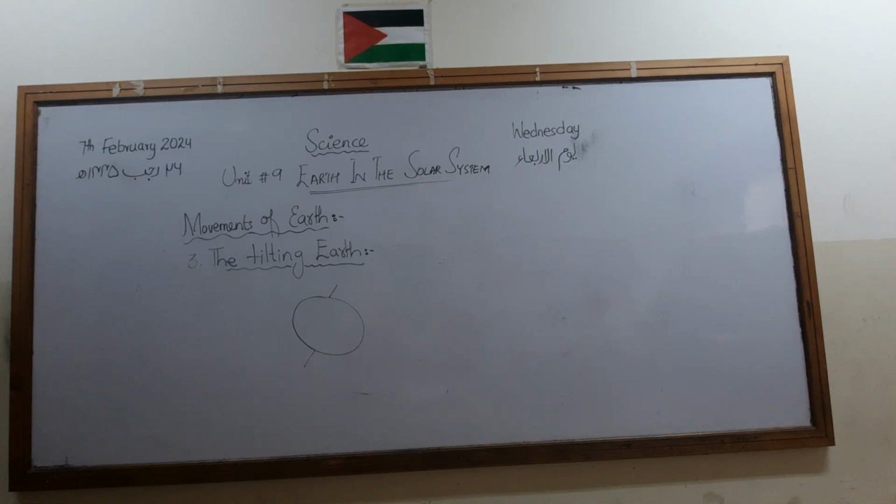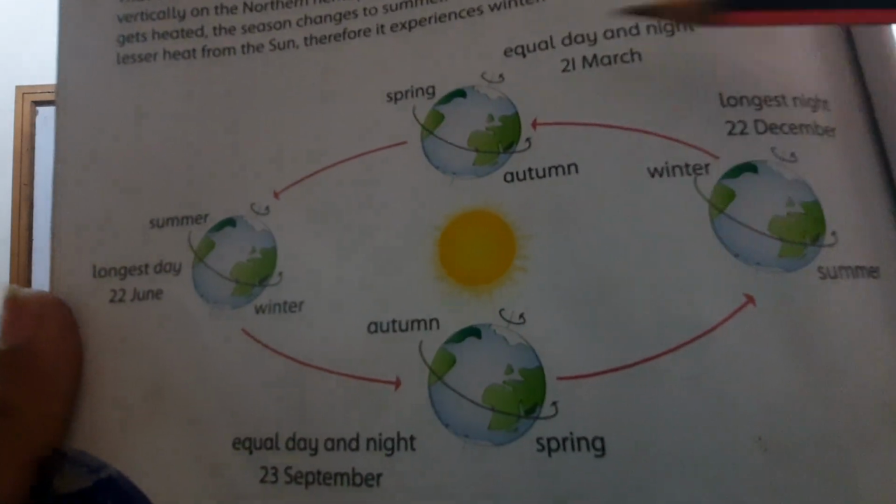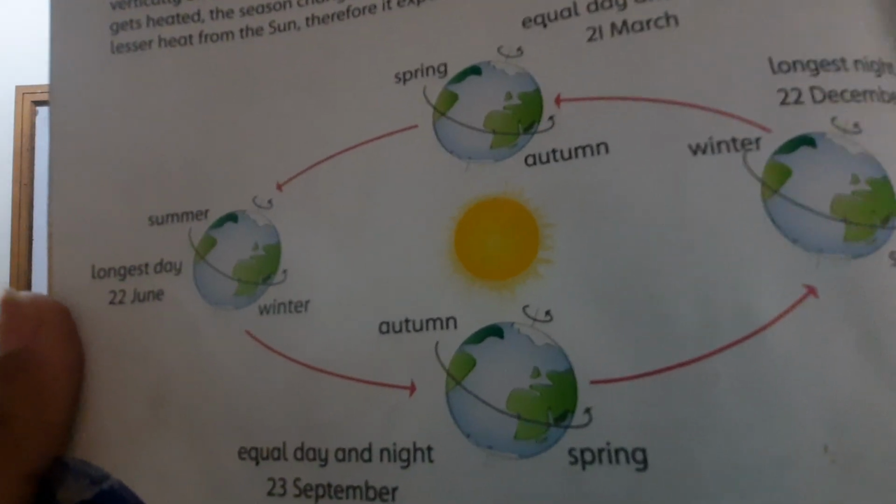And how these seasons are happening, we can see in the diagram. If we see in this diagram, in the middle there is the sun, and there are the four earths which are in the tilted position, and they show the different seasons.